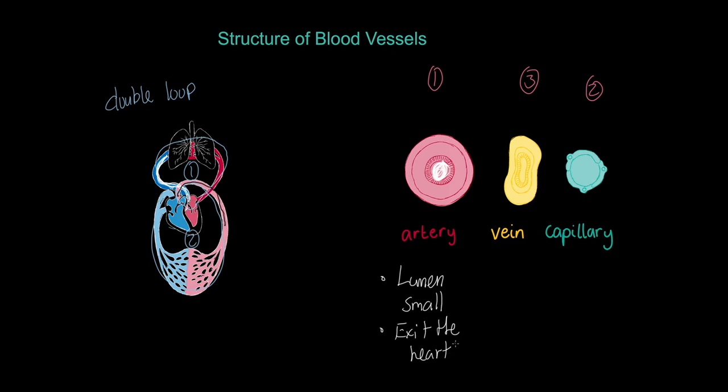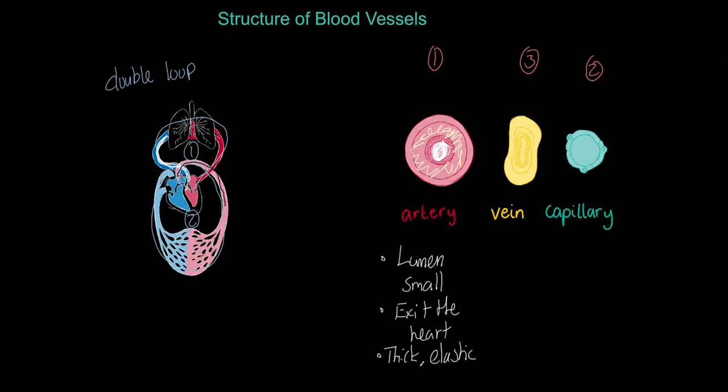The other thing I want to say is that this here, which I shaded in with a different colour, is muscle. What we can notice about arteries is that they have thick, elastic walls.